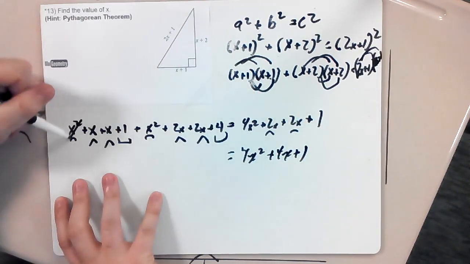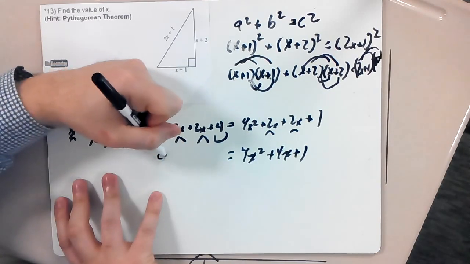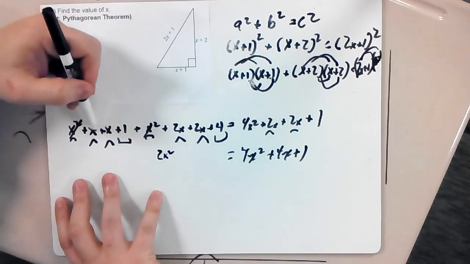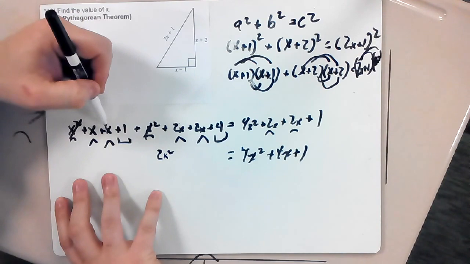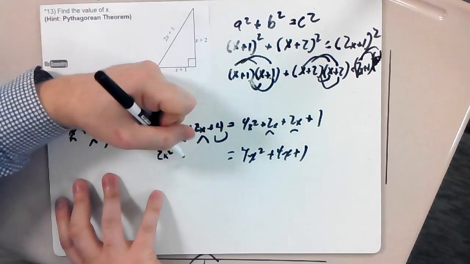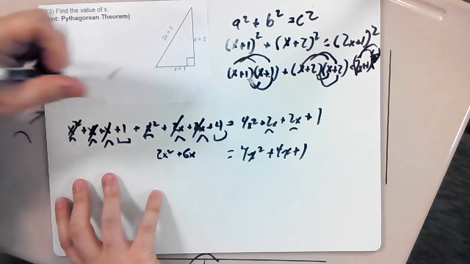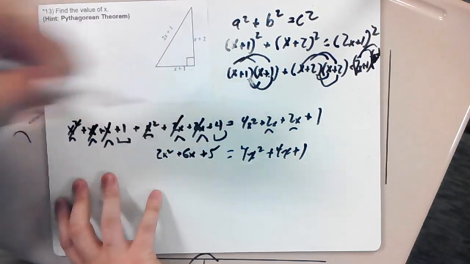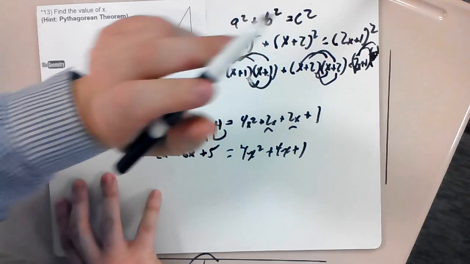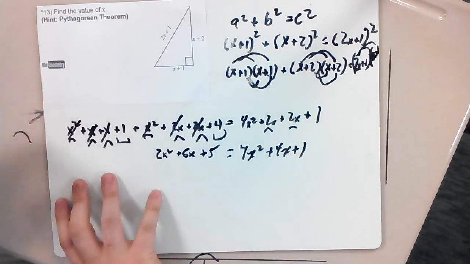Now I'm going to have 2x squared. Hope you guys are following me along here. 2 plus 2 is 4, plus 1 is 5, plus 1 again is 6, plus 6x. I know I'm doing this kind of quickly, but I'm trying not to make this video last forever. Now I'm going to subtract all this because this thing's supposed to be set equal to 0.